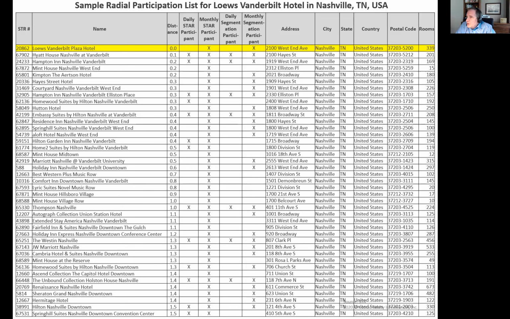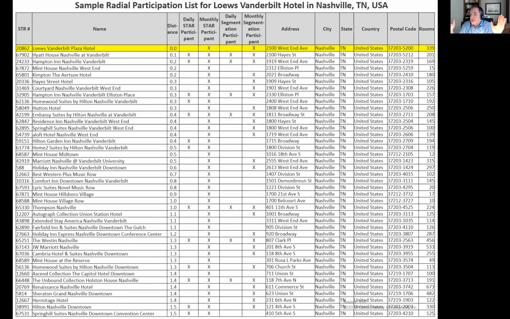Here's a sample radial participation list for a sample hotel in Nashville, Tennessee. This is the Loews Vanderbilt Hotel. And you see from this, the first column is STR number, then the name of the hotel, the distance, and then their participation information. Do they submit daily data, monthly data, daily segmentation, monthly segmentation, and then lots of other fields.